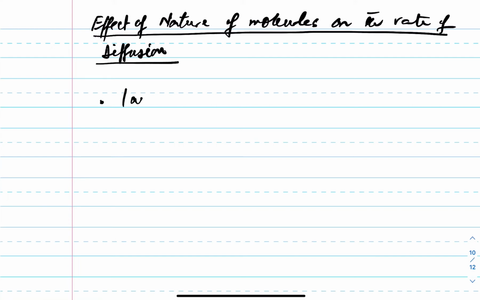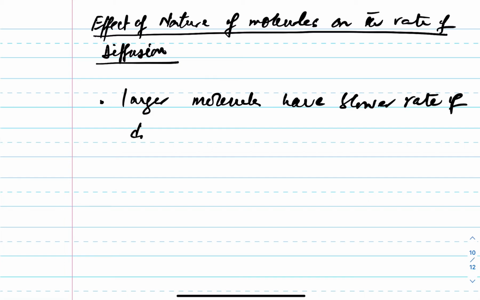Larger molecules have slower rate of diffusion. Why?